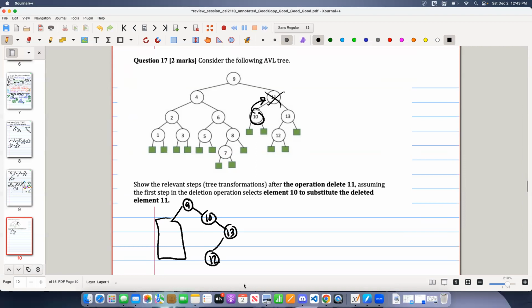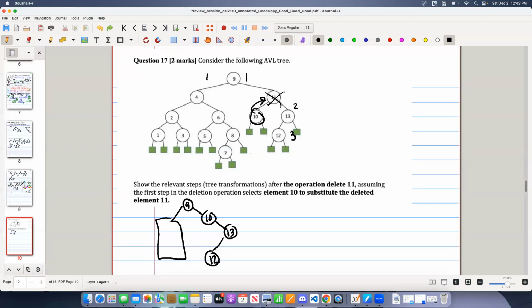Okay. Is this balanced? Let's see. This is 1, 2, 3. Okay, this is 1, 2, 3, and 4. Did I count that right? 1, 2, 3, and 4. 1, 2, 3.